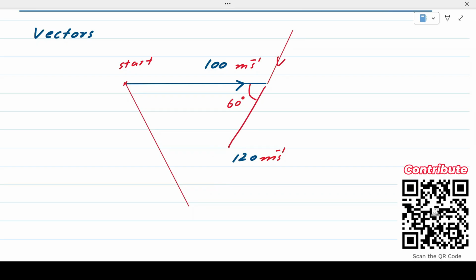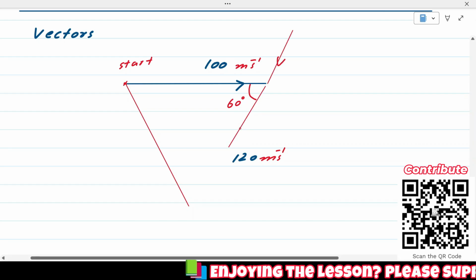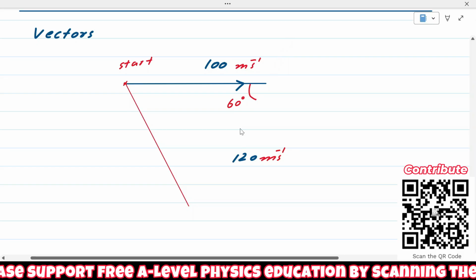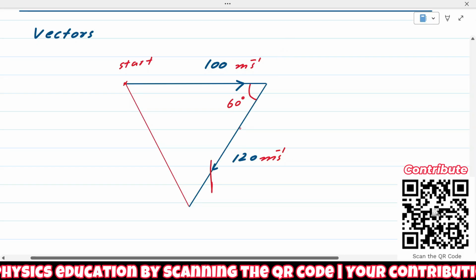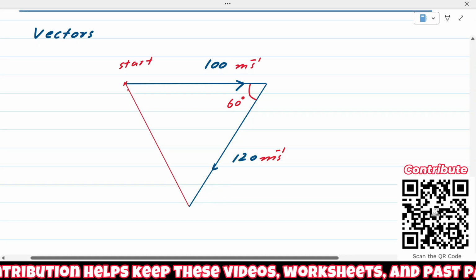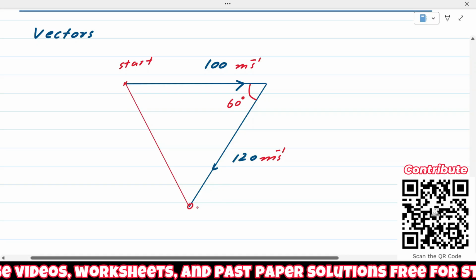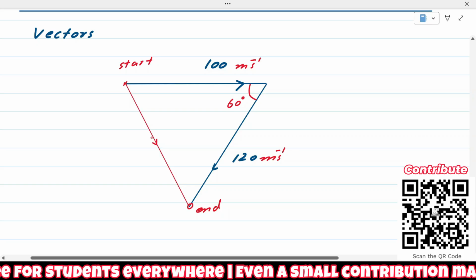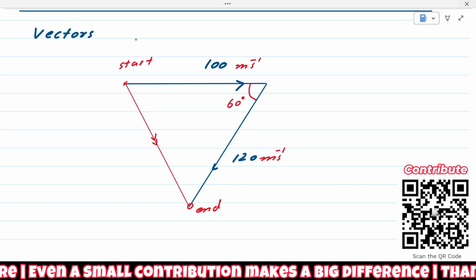It should be placed at the end of the first one. And then that was your starting point, and this is your end point. Finally, you draw a line from the start point to the end point. That is your resultant vector.